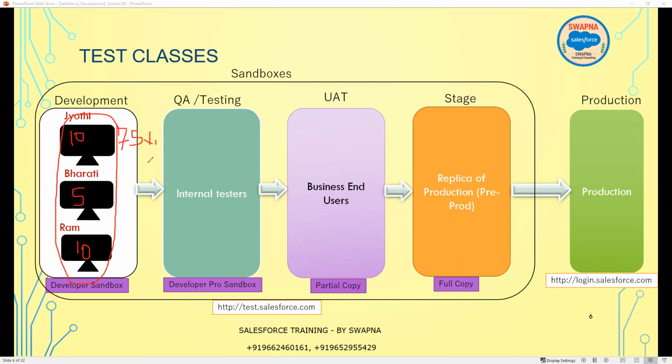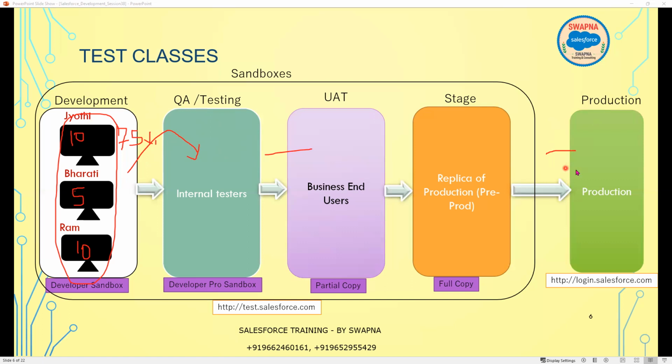Similarly, here also 75% minimum, it is expecting 75% at the overall org level. Whether you are moving to the QA sandbox or UAT or production, it does not matter. It has to hit it. In sandboxes, Salesforce is not very strict because it is just a sandbox.